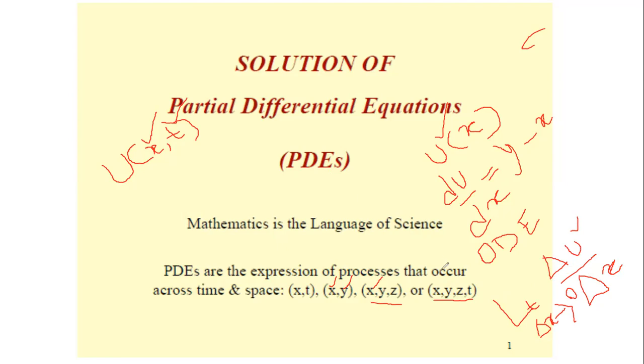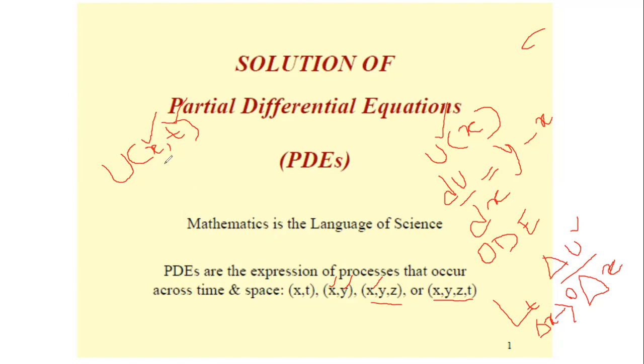Now, if you have a function u of more than one variable, for example, not only does it change along the x-axis, it also changes with time. As time passes, the functional value also changes.